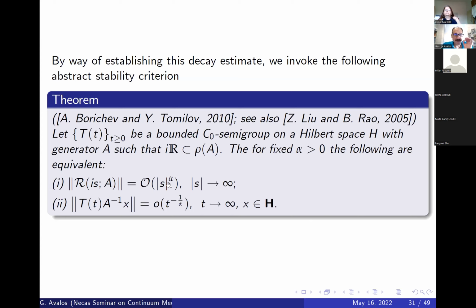In essence, if you can control the resolvent of a bounded semigroup on the imaginary axis, if you can control the growth rate, well, if there is no growth rate, if you get a clean bound, then you have uniform decay, exponential decay for finite energy solutions.